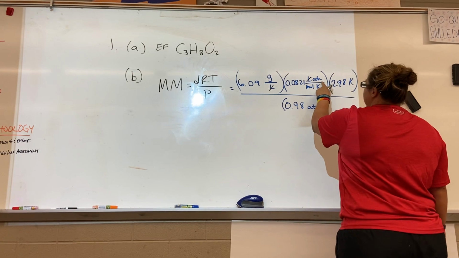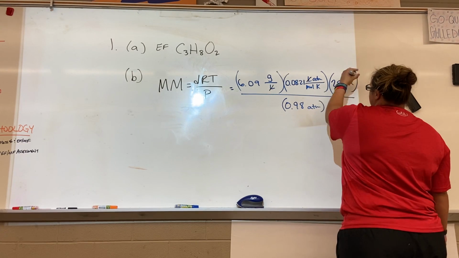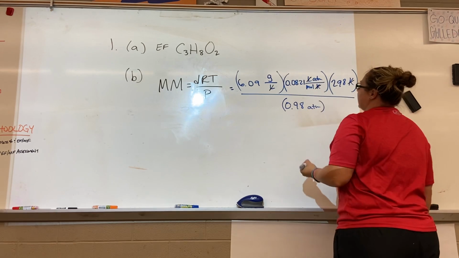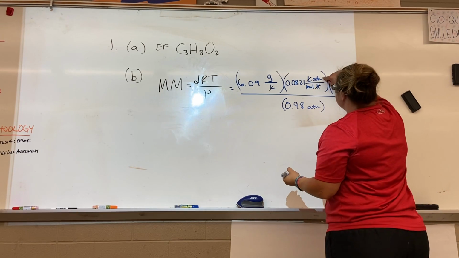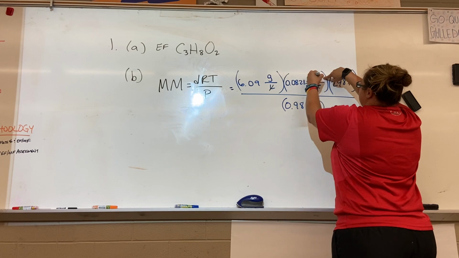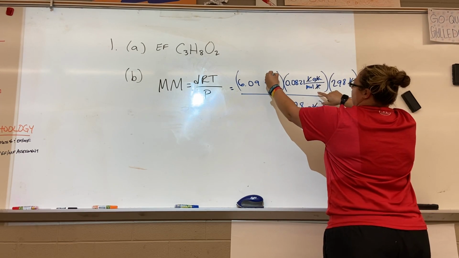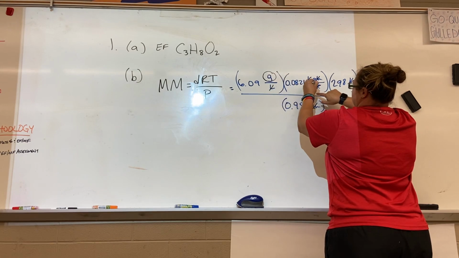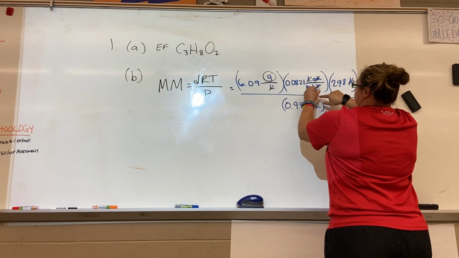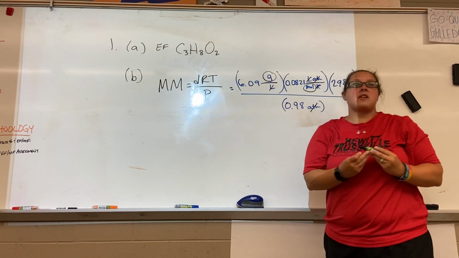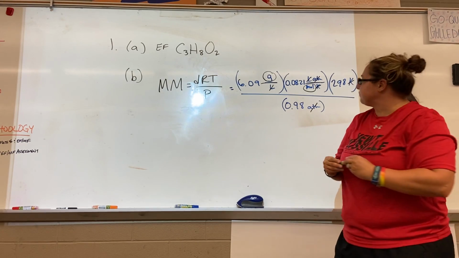I have Kelvin on the bottom of this division and on the top here, so that cancels out. And I have atm on the top and atm on the bottom, so that cancels out. So do you see how the unit we're left with is grams per mole? So therefore we know that that is our molar mass.